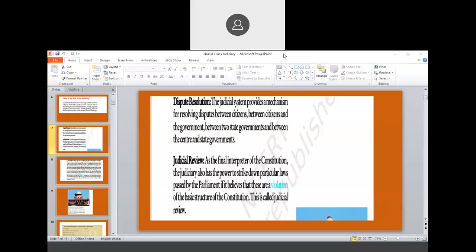Write down, jurisdiction. First one, original jurisdiction. Second one is appellate jurisdiction. Spelling of jurisdiction: J-U-R-I-S-D-I-C-T-I-O-N.